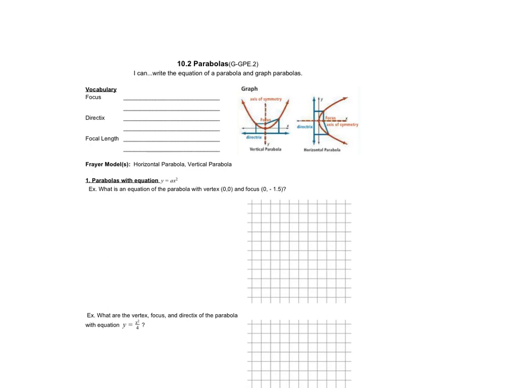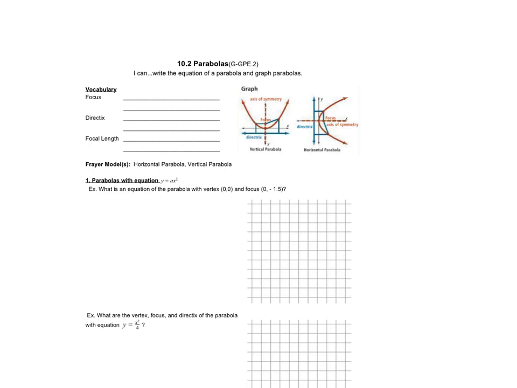So here is our directrix, our fixed line. This point on the parabola is going to be equidistant from the focus and the directrix. The distance between the vertex and the focus is called the focal length.